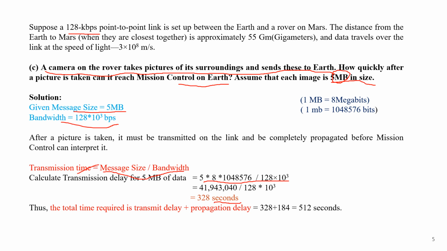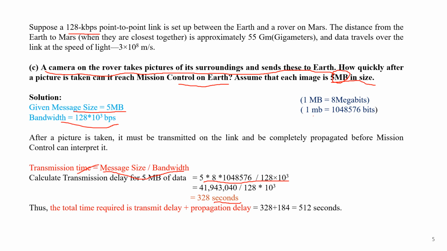Right? So we have to represent our final answer in bits. 1 MB is equal to 1048576 bits, so I have multiplied again with 1048576.